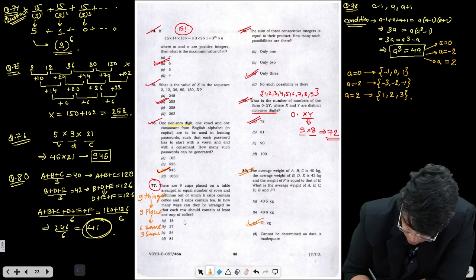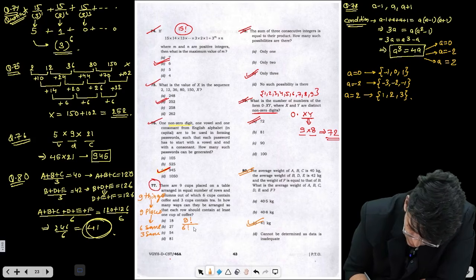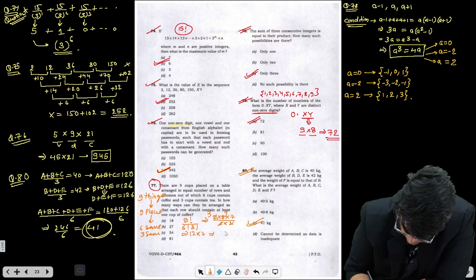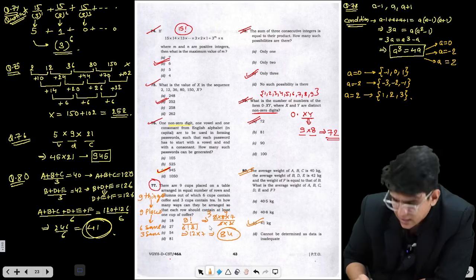So basically how to do this? 9 factorial upon 6 factorial into 3 factorial. This is nothing but 9 into 8 into 7 by 6, which is 12 into 7, which is 84. So total cases are 84.